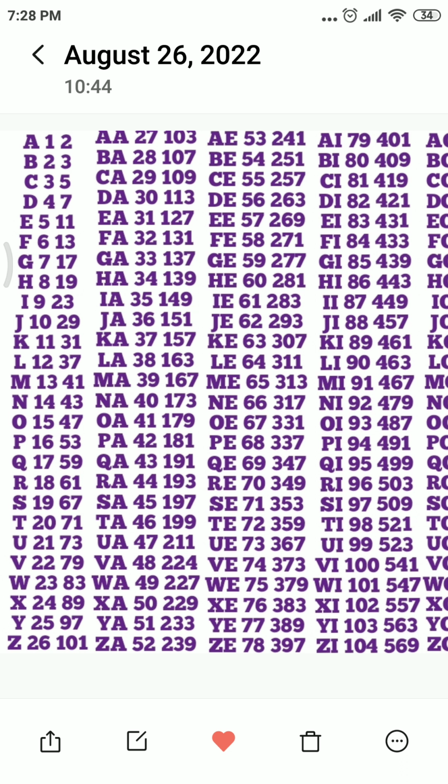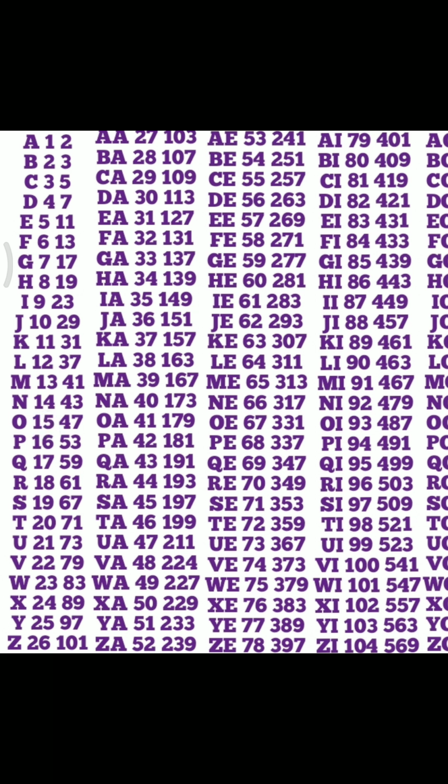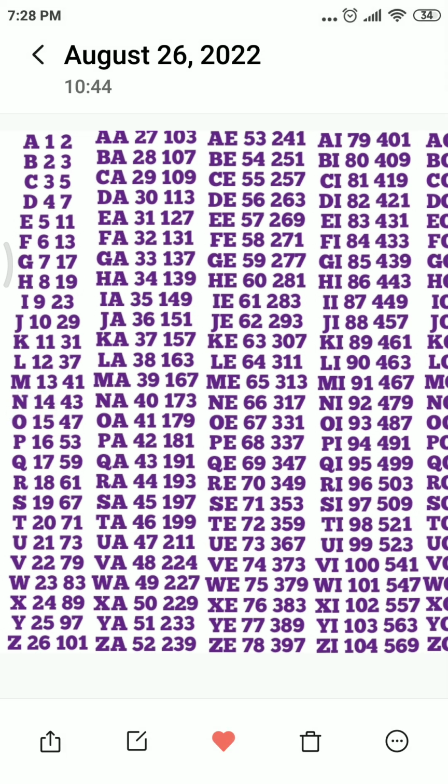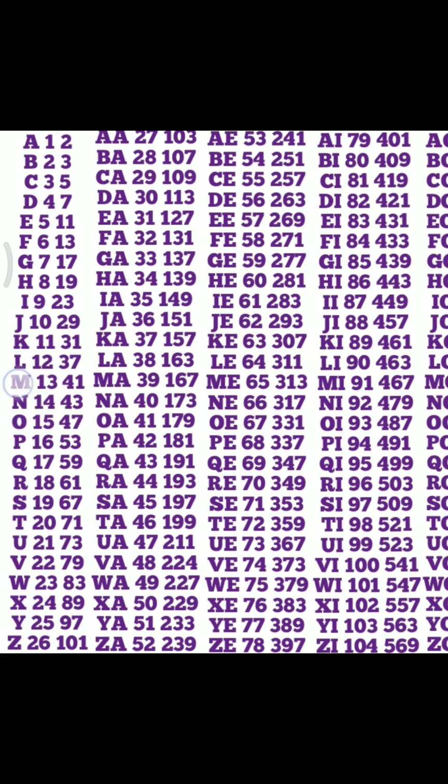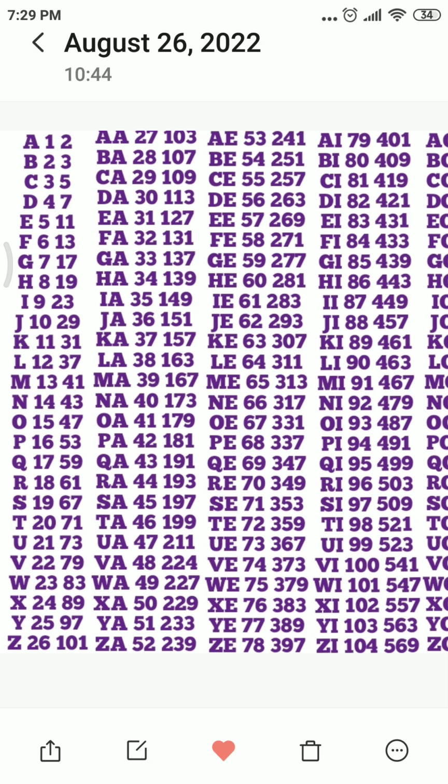So here if you observe, 15 is O, 14 is Na, 13 is Ma. So O, Na, Ma. These are the letters the kids are writing when they start learning to write letters.